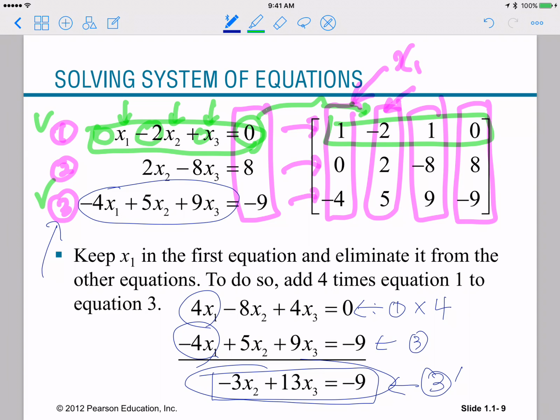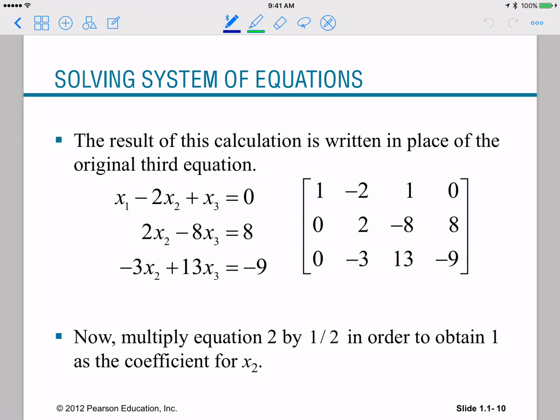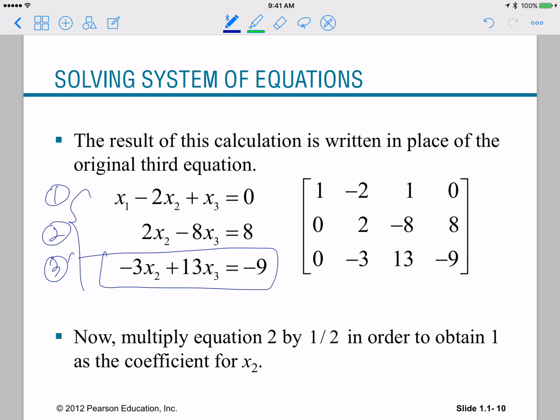It doesn't affect what the values of x1, x2, and x3 are, right? So after using the new third equation, we now have these sets of equations. So this one is 1, 2, and it's 3 prime, right? And then from the matrix representation, we can represent them in this manner, right?